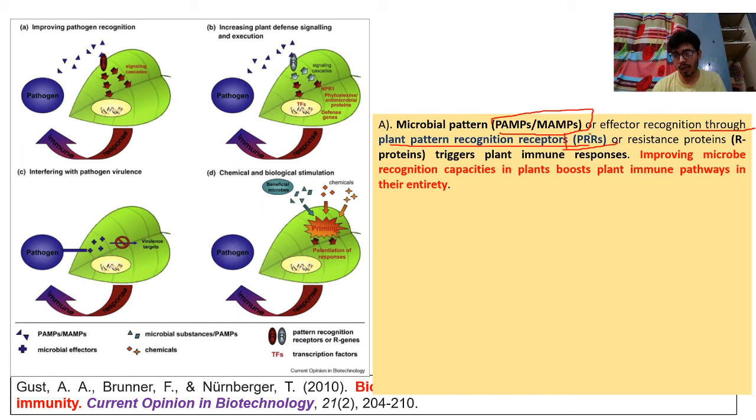If your PRR is strong, or the resistance protein, the R protein, triggers the plant immune response, improving microbe recognition capacity in the plant and boosting the plant immune system pathway.